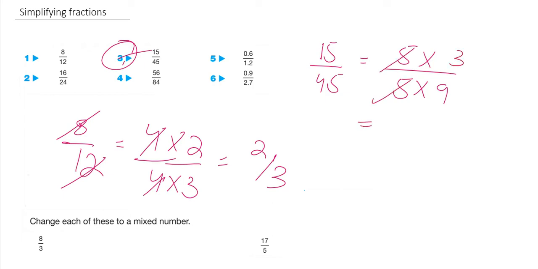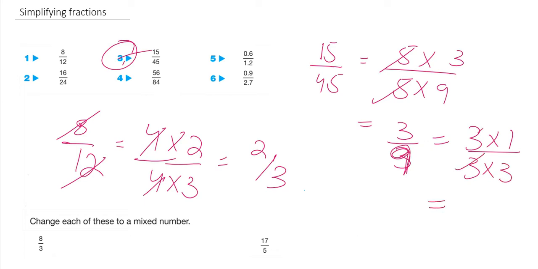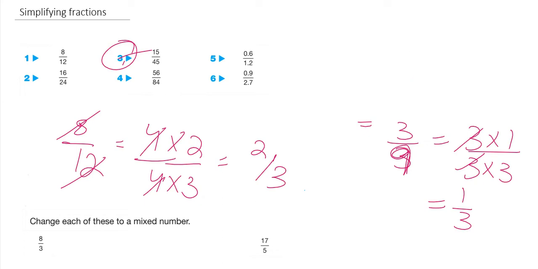And you can again cancel out these terms and we are left with 3/9. And you can see that we can simplify it a bit more by using the digit 3 over here. And again cancelling the terms, we get 1/3. So these are the most simplified form of fractions.